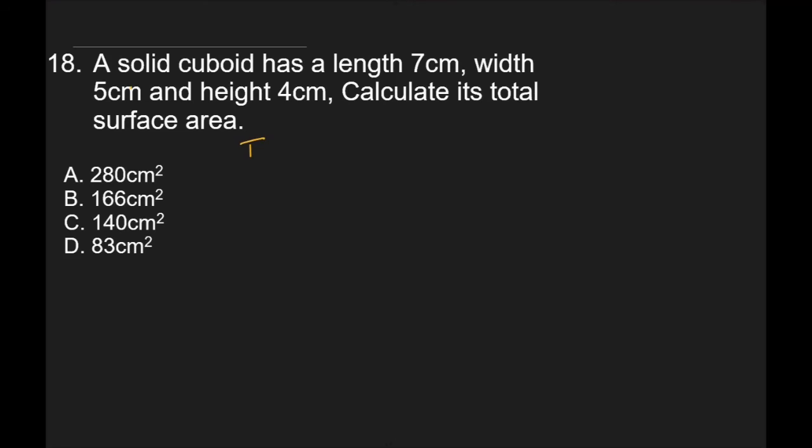Now the total surface area of a cuboid should be its length times breadth multiplied by 2 plus its length times height multiplied by 2 and plus the breadth times the height multiplied by 2, which will be equal to, here is the length, here is the width, and here is the height.